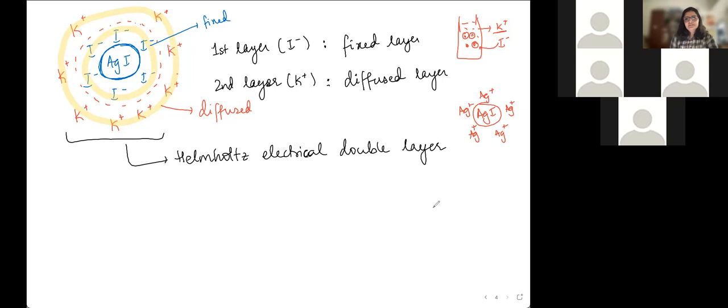And this in turn can be surrounded by negative ions, NO3 minus, Cl minus, whatever is in the solution. Whatever case you take, there are basically two layers of charged particles. The first is the fixed layer, the other is the diffused layer, and this double layer is called the Helmholtz electrical double layer.